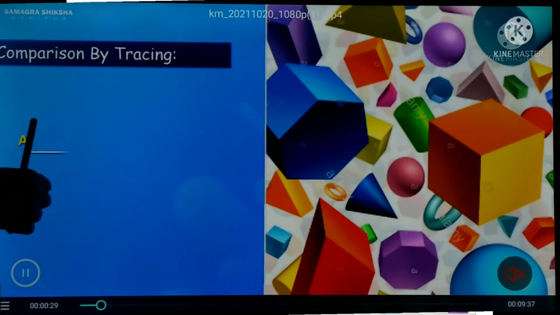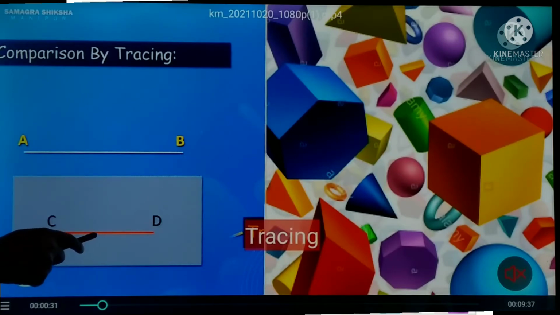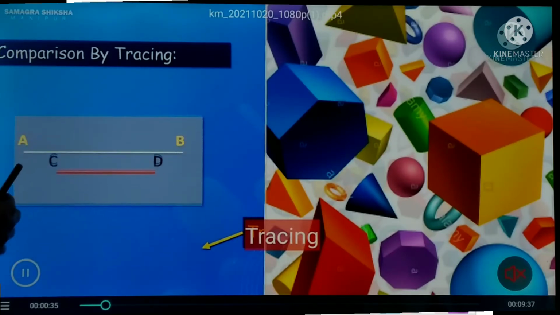The next one is comparison by tracing. Here, you can use a tracing paper. Here the line segment AB is there. To compare line segment AB and CD, take a tracing paper, draw the line segment CD and place it on AB. Then you compare which one is longer.